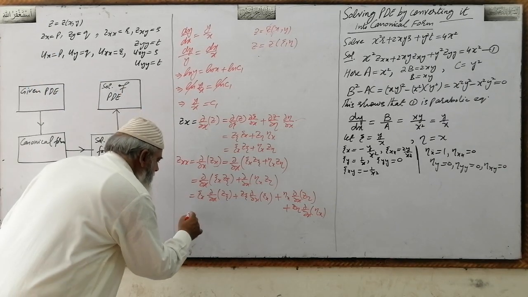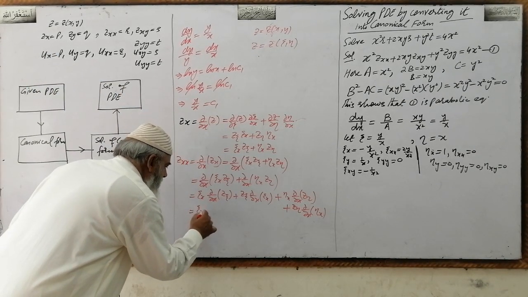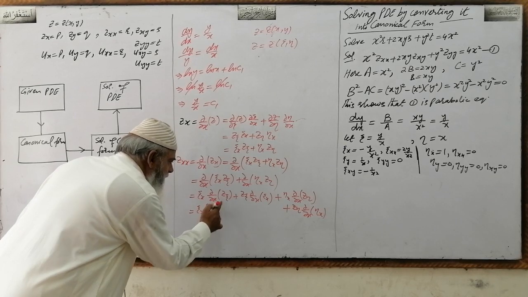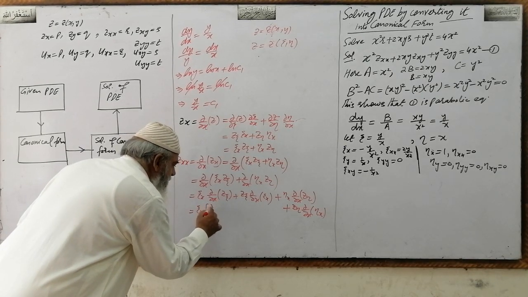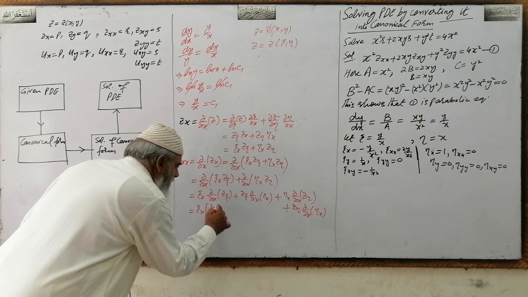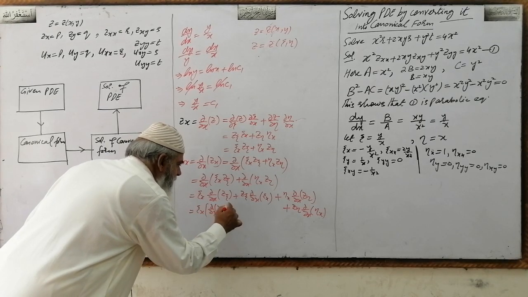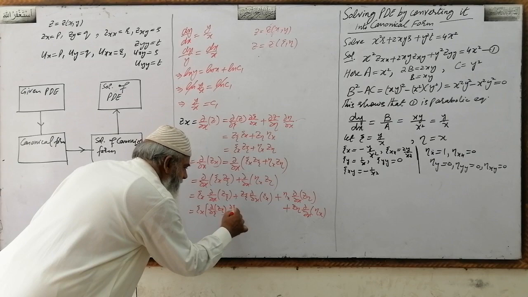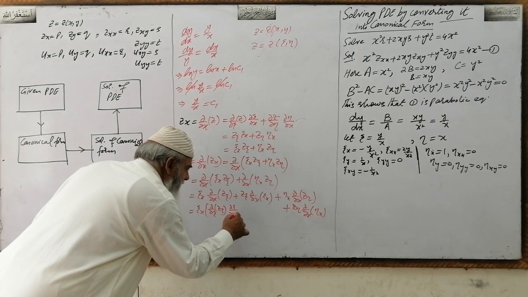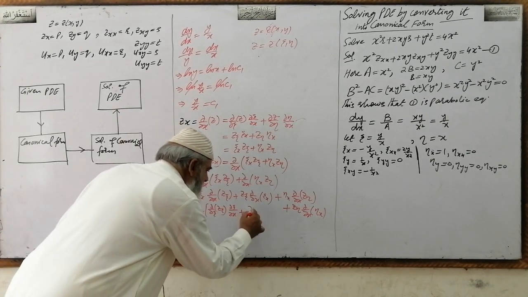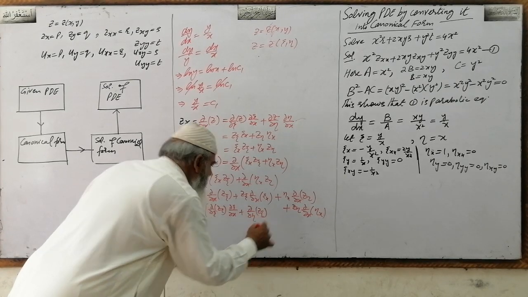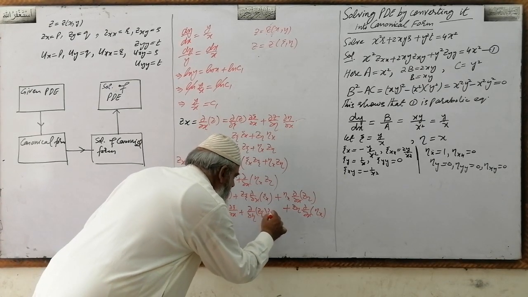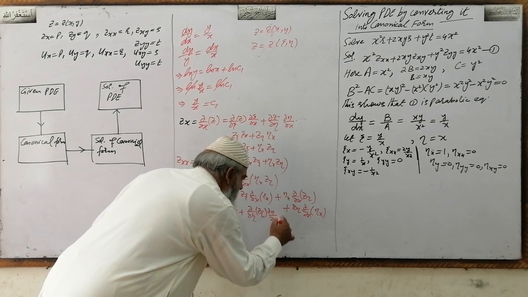Now, once again, this will become xi x, and here once again we have to apply the chain rule. What is that? Partial over partial xi of z xi and partial xi over partial x. Then partial over partial eta of z xi and partial eta over partial x.